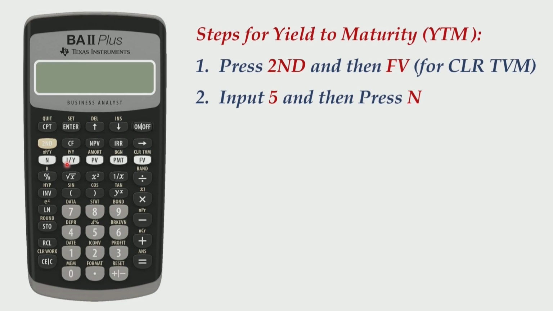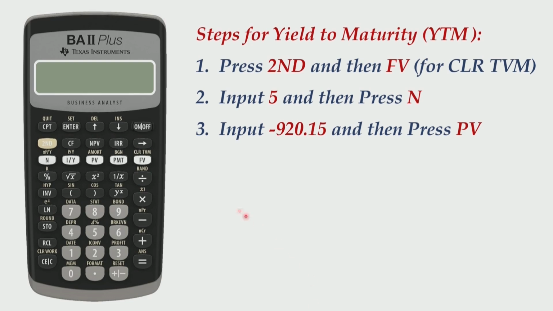Discounting rate is what we need to find out. So this time I by Y is missing. We are going to compute I by Y. So input negative 920.15 and then press PV.